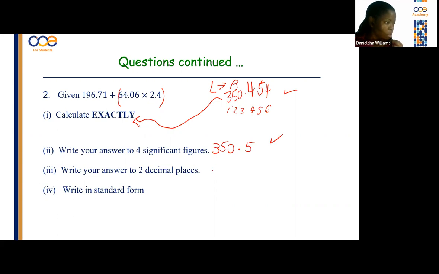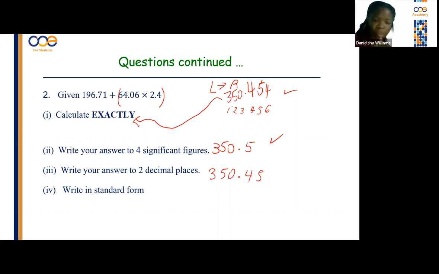So 350.45. Without changing the original value of the number that we calculated, we see that we had originally 3 decimal places, 4, 5, and 4. And the question is only asking us for 2 of those. So we're not moving any digit to the whole number side.